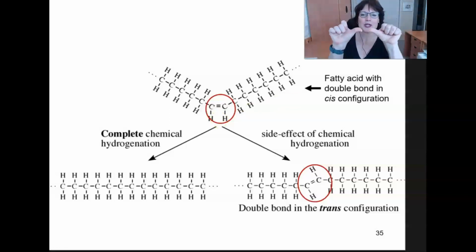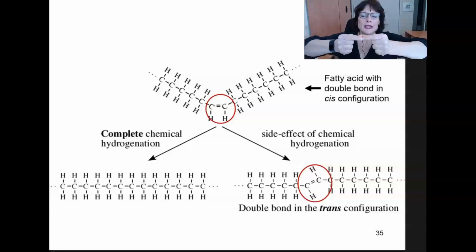So here you have your carbon-carbon double bond, and when carbons are involved in a double bond, it makes that region highly planar. And each carbon in the double bond will have only one hydrogen.